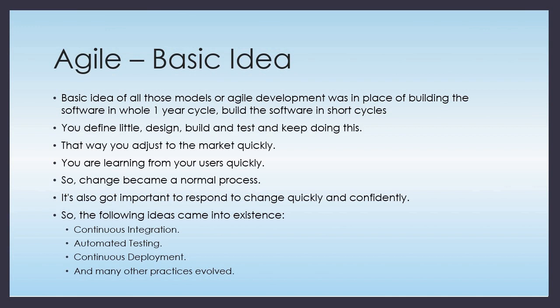This derived many of the ideas of modern software development, which include continuous integration, automated testing, continuous deployment, and many more automated practices. Automation is a very important part of the agile software development method.